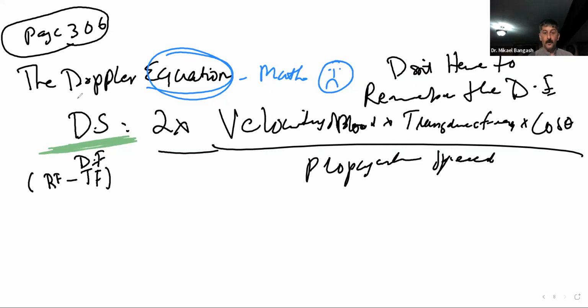But what we will mainly be discussing is the relation between Doppler shift, or what we also call Doppler frequency, and the velocity of blood.